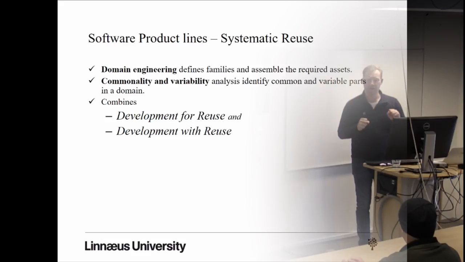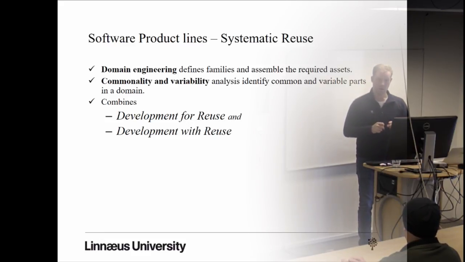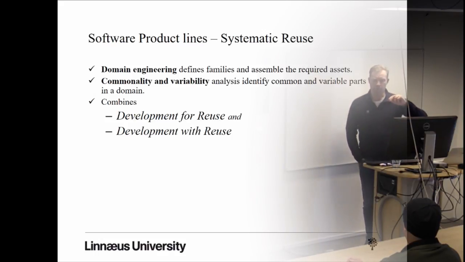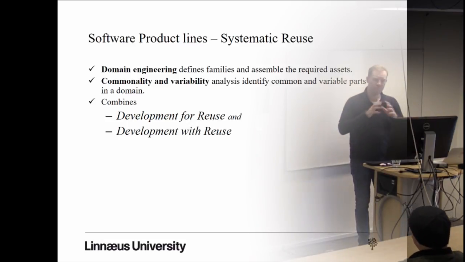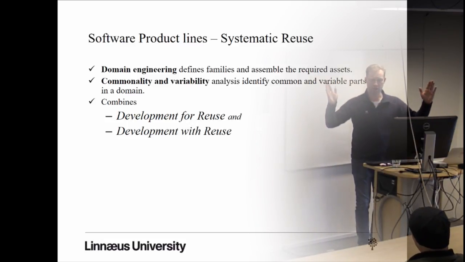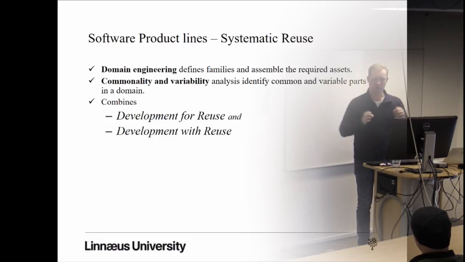And there will be elements of these products that are customer specific. So when it comes to product lines, software product lines, there is a systematic approach to engineer for a domain, that is the whole range of products, where you define a family of products with this commonality and with the variability.